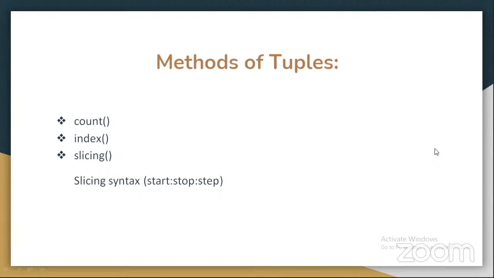Now let's move on to methods of tuples. Before we discuss tuple methods, let's have some definitions and meanings of tuples. Tuples are used to store items in a single variable.